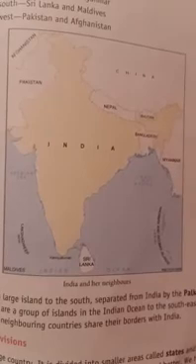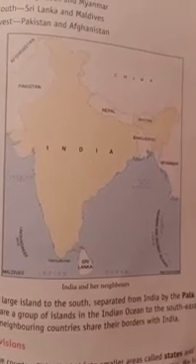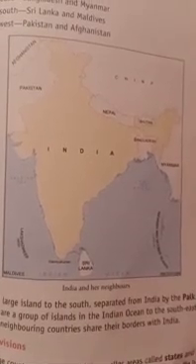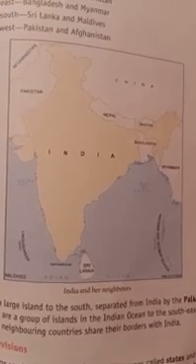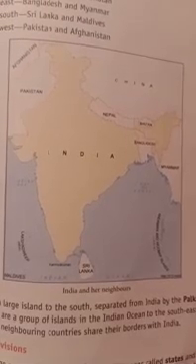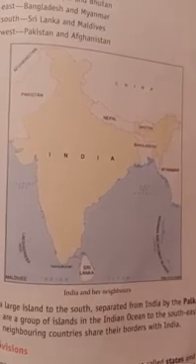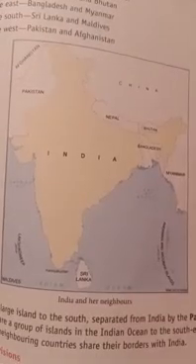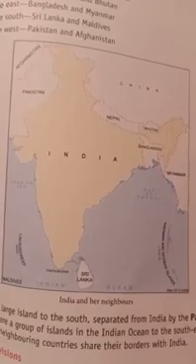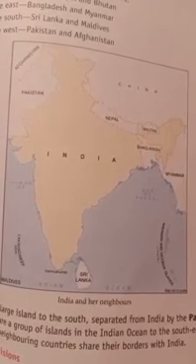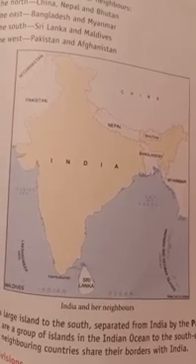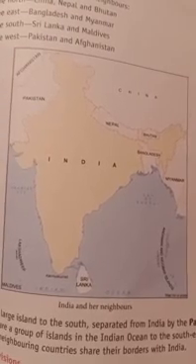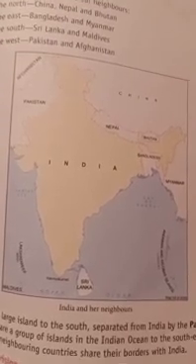This is our map, our India map, and from here we will find out how many countries are connected or share borders with our country India. Okay, so our India map is divided into 4 directions, and we can see some neighboring countries from all the 4 corners of India.